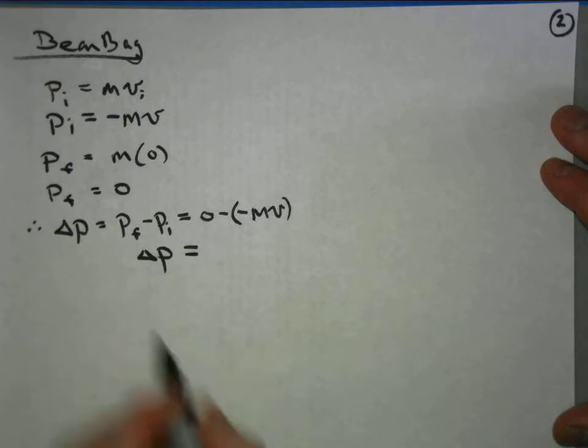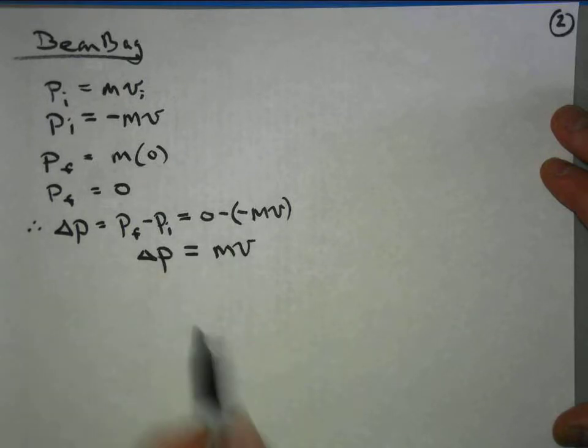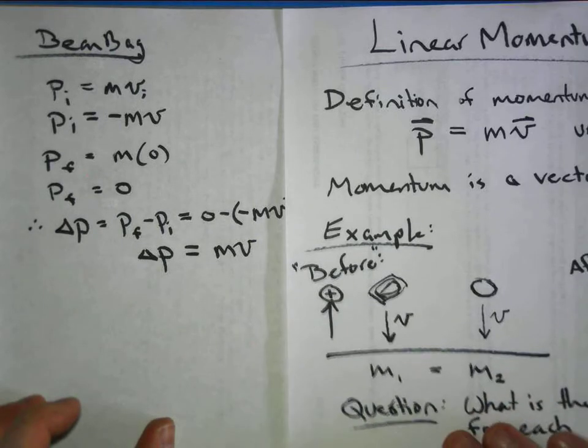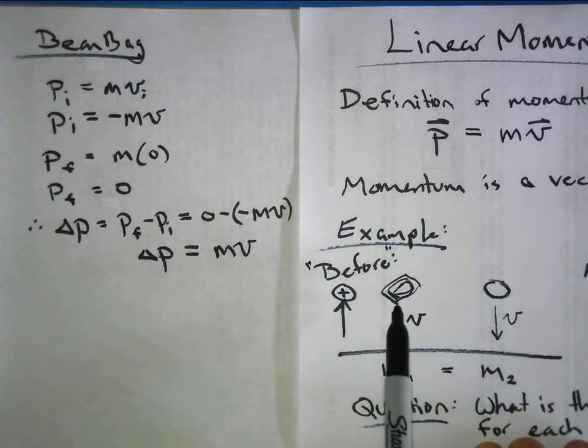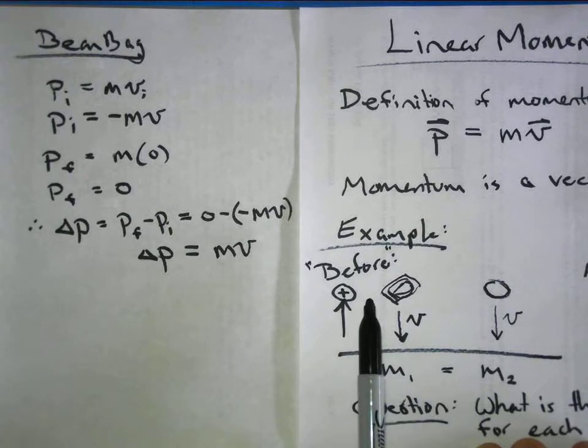So the change in momentum for the beanbag is equivalent to a positive mv. This is worth just letting sink in for a second. It had a downward momentum at first, and then it had no momentum. So the change had to be a positive amount, and positive would be up.